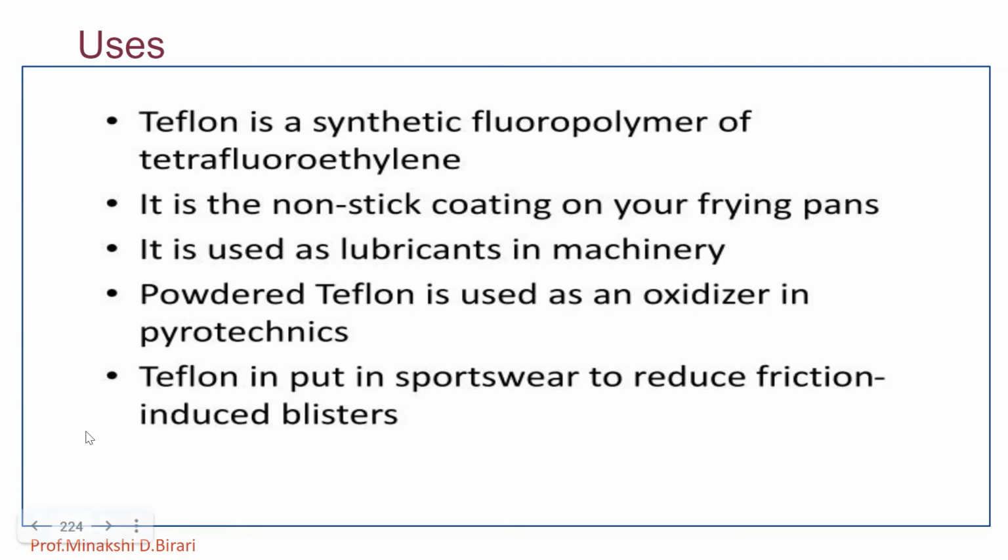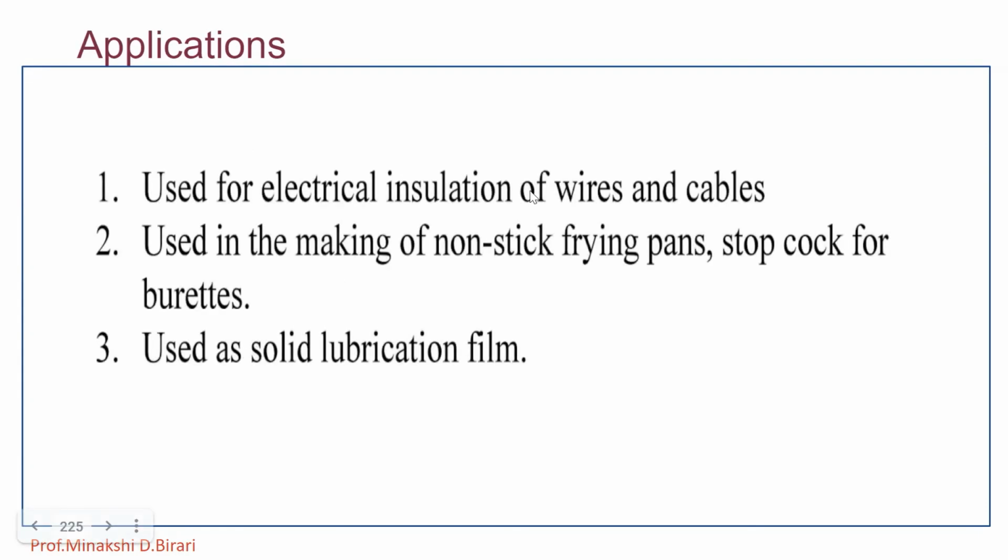Teflon is used in sportswear to reduce friction-induced blisters. Teflon is used in making articles such as pump valves and pipes, gaskets, seats and protective linings in chemical plants. It is also used for electrical insulation of wires and cables.